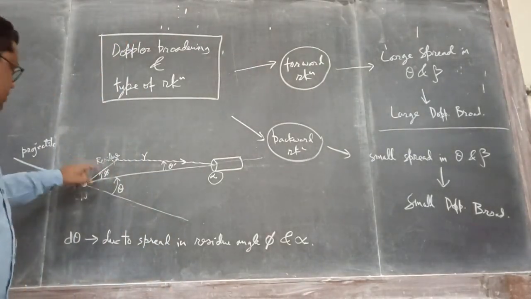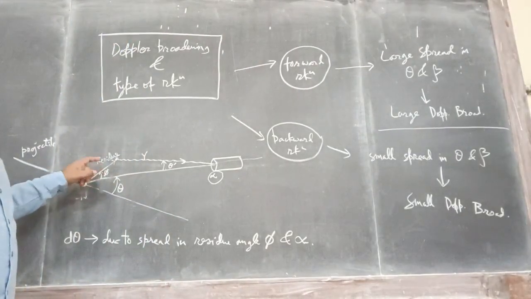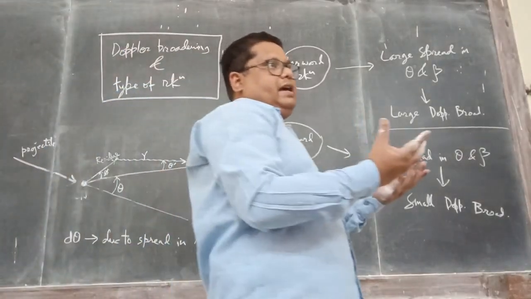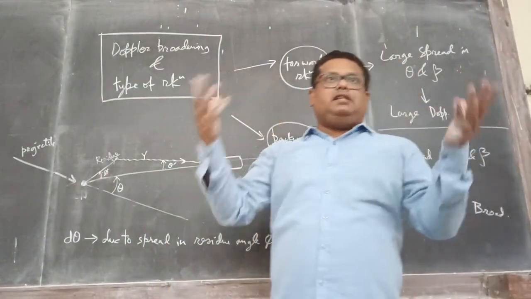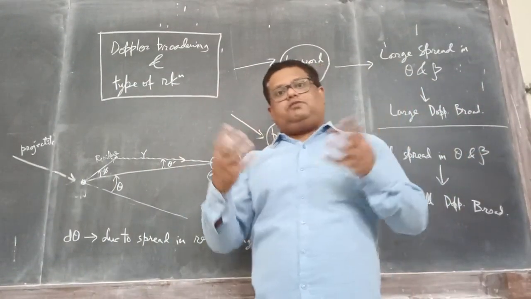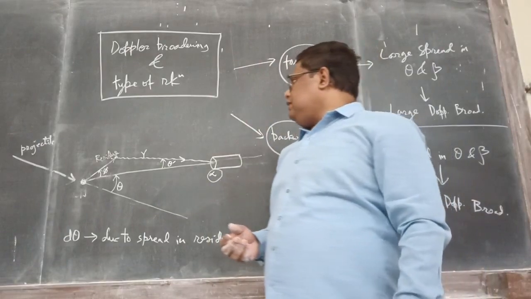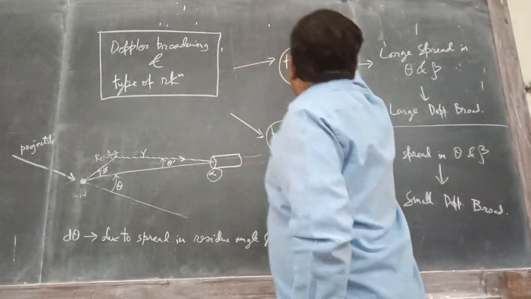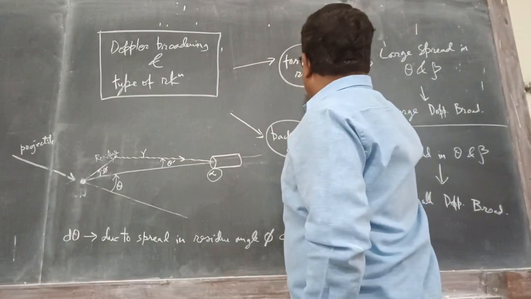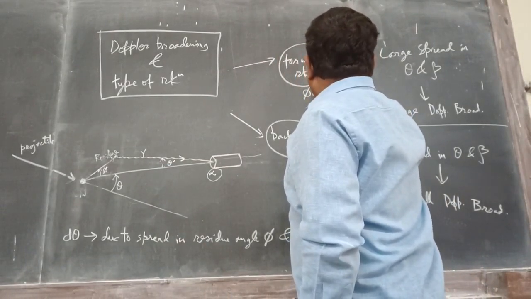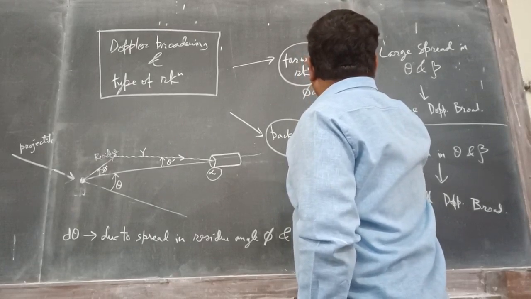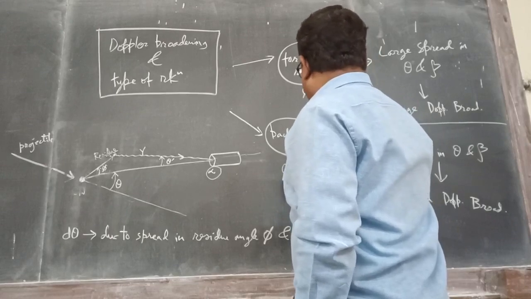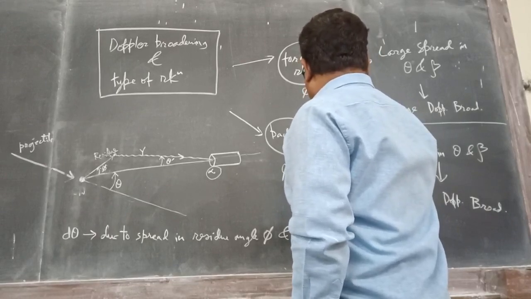Why? Because the deciding factor is phi. Phi depends on the type of the reaction. In a forward reaction, phi is large. In a backward reaction, phi is small. And this theta prime depends on phi. So in the forward reaction, phi and theta prime are large, and in the backward reaction, both phi and theta prime are small.